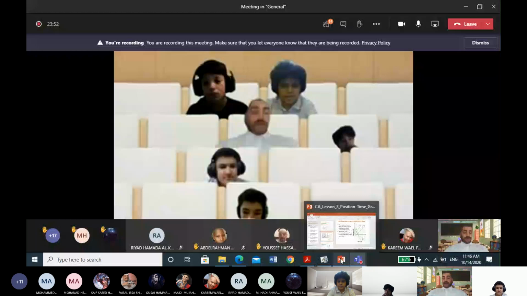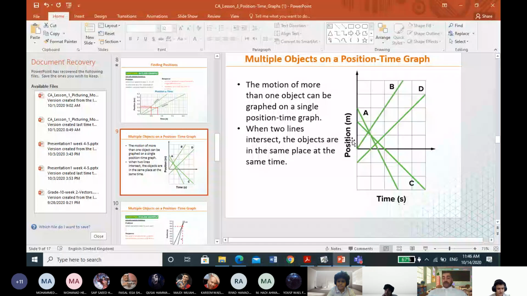Let's say here object A, object B, object D, and object C. These are all moving objects. We can separate them, guys. You can take each one alone. So you can forget about all, and for example, if I am working on A, let's start at time t equal to 0. Let's say the position of this object is away from the origin by 1, 2, 3, let's say.